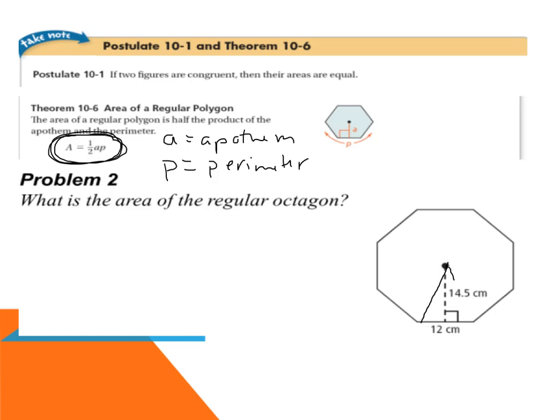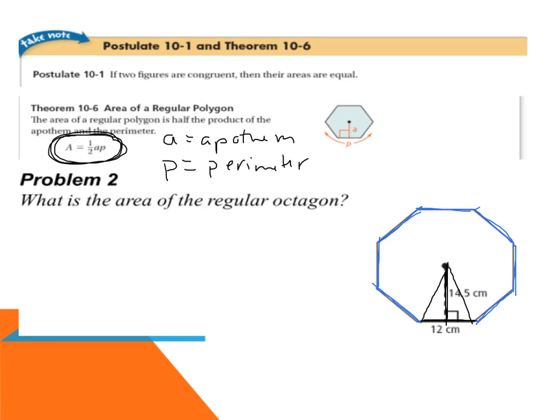If I were to draw a triangle, this would be like base times height times 1/2. So in this case, it would be 1/2 times my height times my base. Now the reason we have to multiply by my perimeter is that if I just did 1/2 times my apothem, that would just give me one triangle. Multiplying it by my perimeter is multiplying that by all of the different triangles that are in this picture. So that's why we have to make sure to add up all the side lengths to get the perimeter.